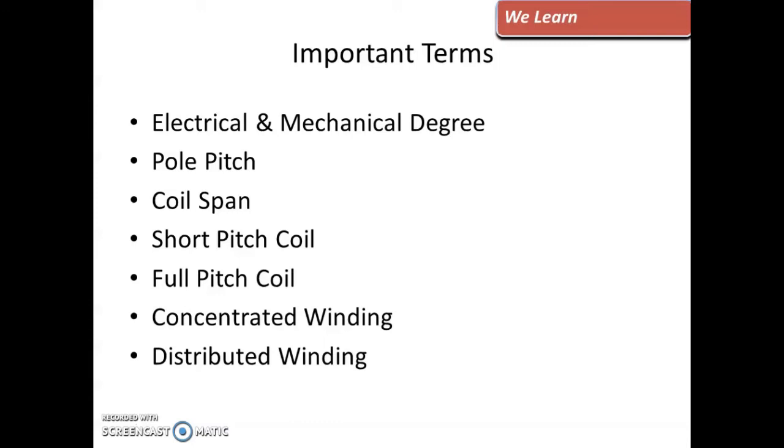Then pole pitch, coil span, short pitch coil, full pitch coil, concentrated winding, distributed winding. These are all the terms we will understand, so that when I am explaining, things will be easier to understand. Okay, so let's first of all try to understand electrical and mechanical degree.